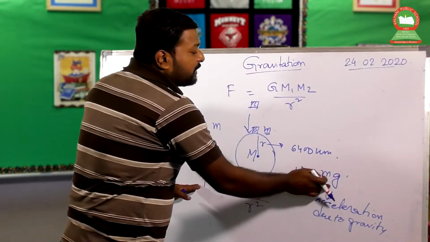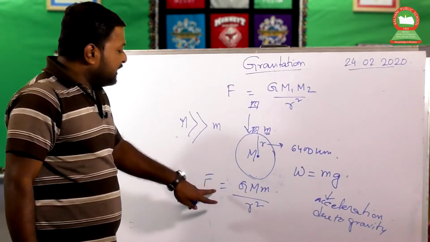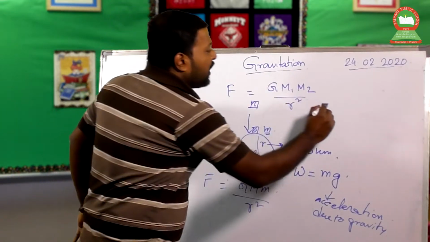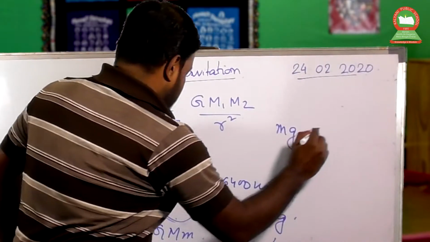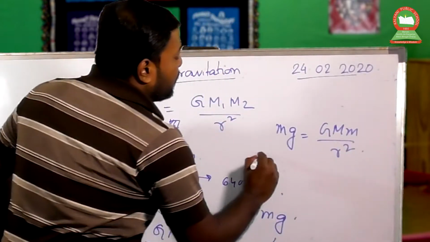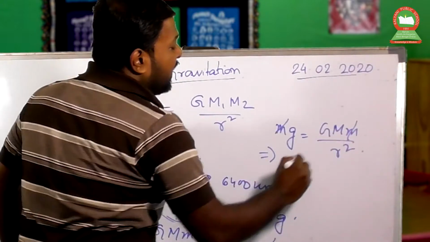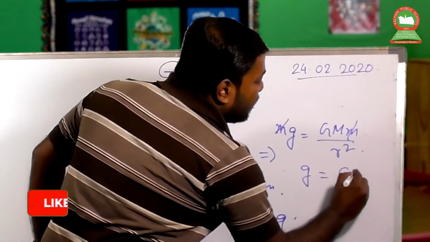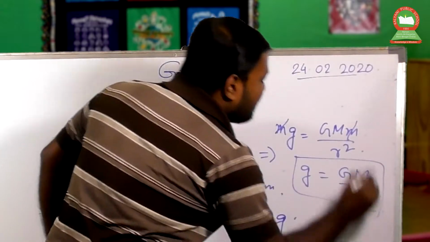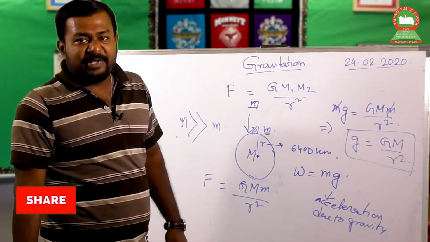These two forces are equal, because the weight is generated by the gravitational force. So mg equals G M m by r square. If we cancel out the small m, we get small g equals G M by r square. So this is the relation between small g and capital G.